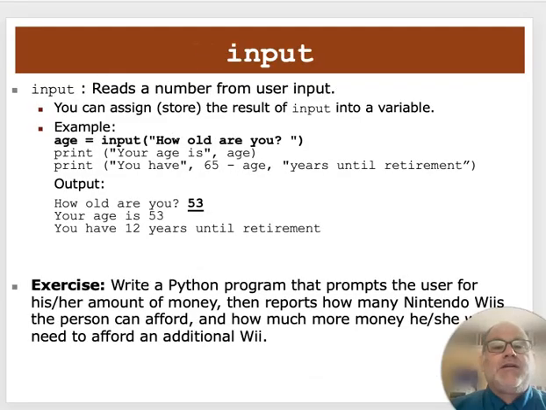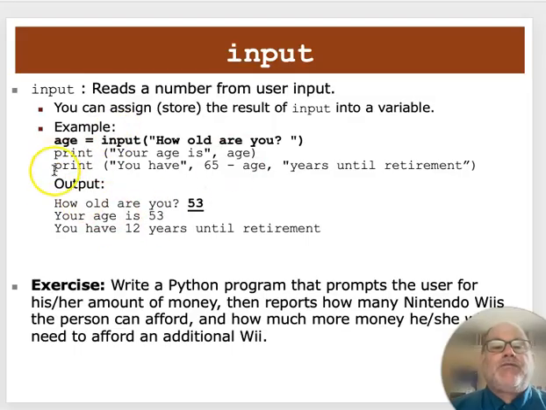And then lastly, input. An input is taking input from a user. So we might also call that a prompt. So we'd say, let's create a variable, we'll call it age, and set it equal to the result of calling input. And we'll give the user a prompt, "how old are you?" Then we'll print "your age is", and combine or concatenate it using the comma with the variable age.